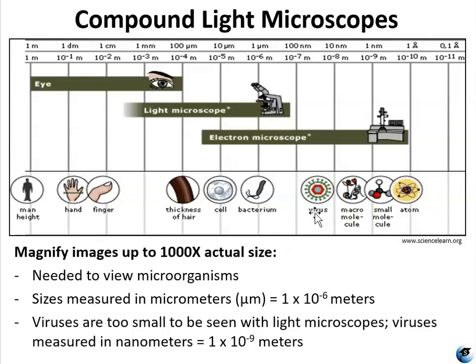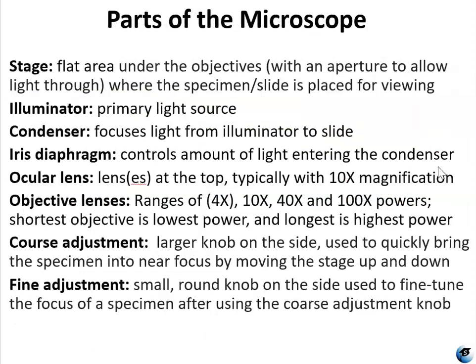Depending on which type you're using, and we talk about the types of electron microscopes much more in the lecture course, some of them can see as small as a single atom. The compound light microscope, which sees within this range here, is generally what is used in a traditional microbiology lab course.